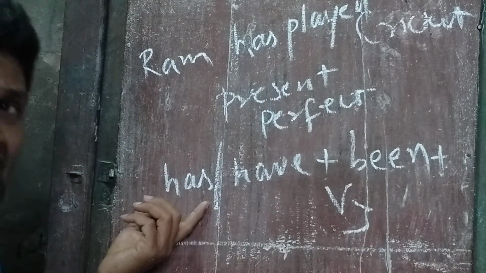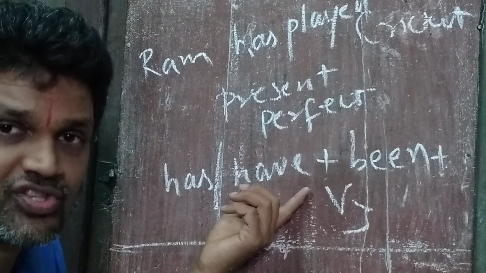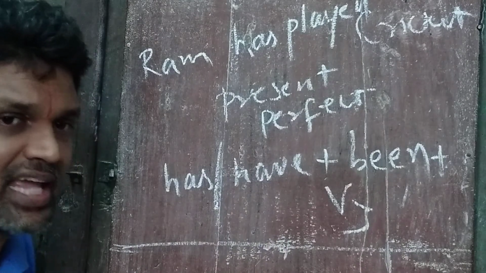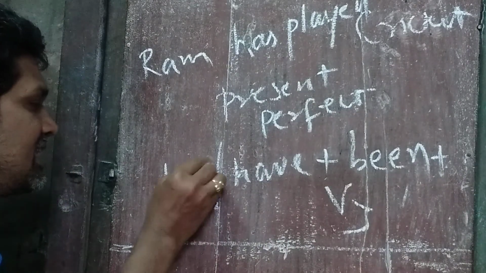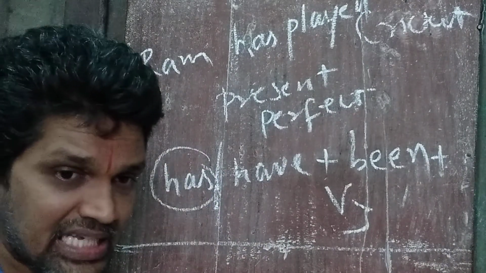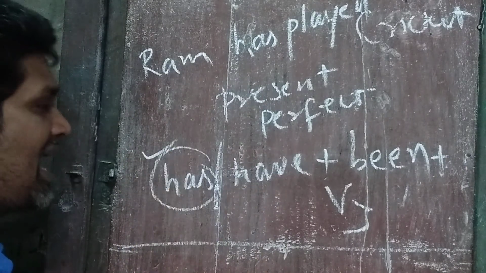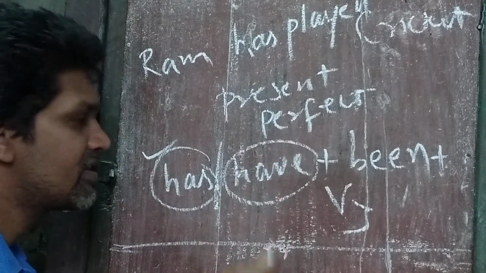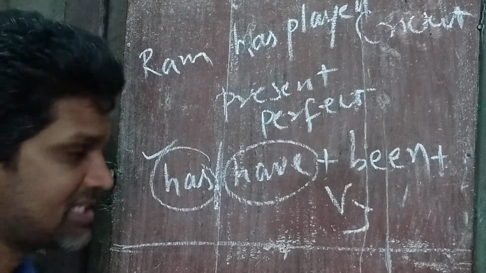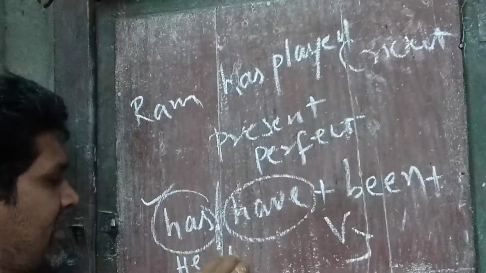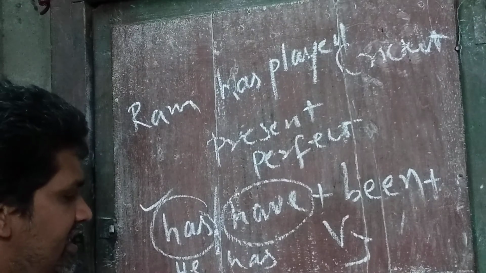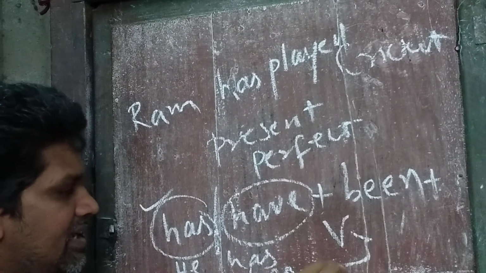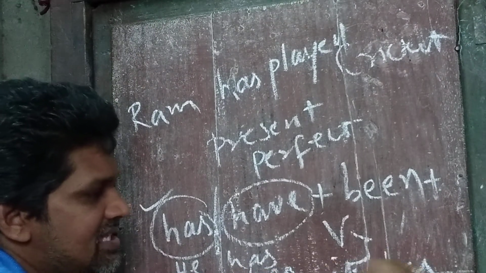And when do we use has and where do we use have? So just like is and are, for third person singulars we should use has, and for the remaining plurals we should use have. For example, he has, she has, it has.